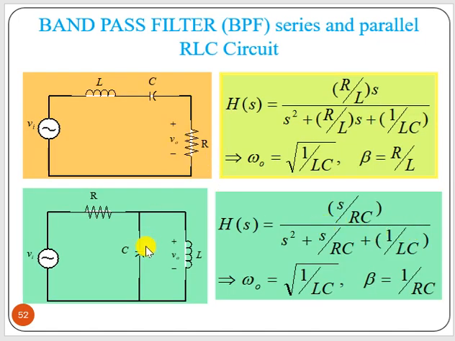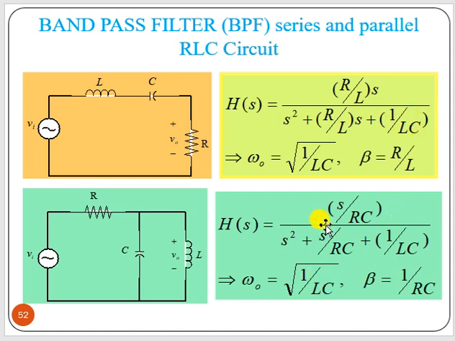So comparing these two circuits, we can see that the expression is R by L times S here, and S into 1 by RC there. The beta value is R by L here, and here the beta value is 1 by RC. Omega 0 is nothing but the root of 1 by LC.